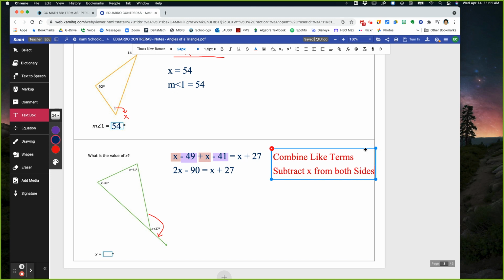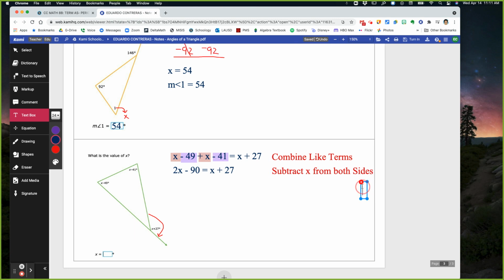So let's do that. Back over here. Actually, I need my drawing tool for that. So minus x and minus x. And x and minus x cancel.